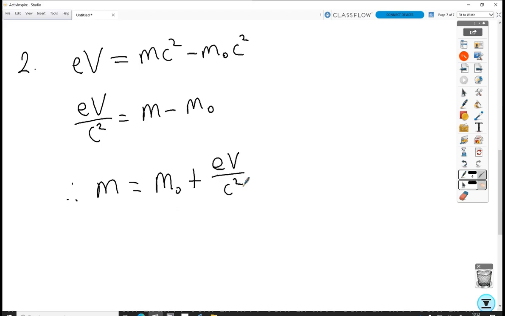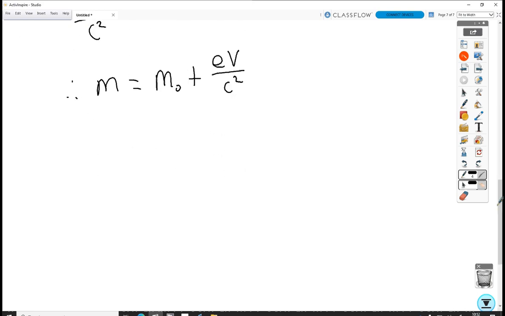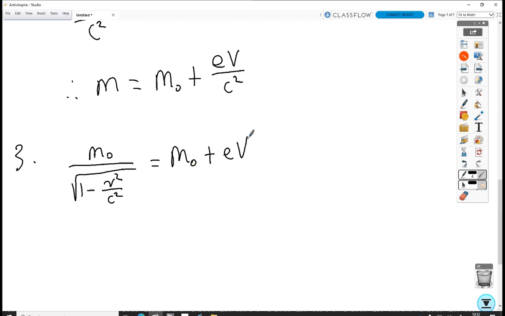And then finally, we want to find v over c. So using this, we're going to put the equation into m, which is m naught over square root of 1 minus v squared over c squared. So m naught over square root of 1 minus v squared over c squared is equal to m naught plus EV over c squared.